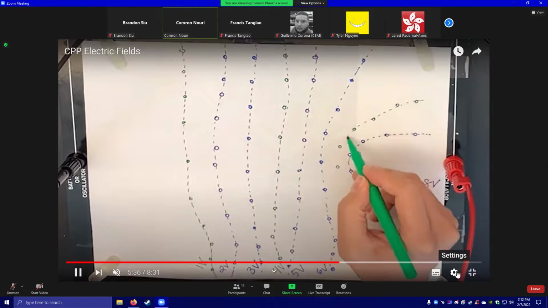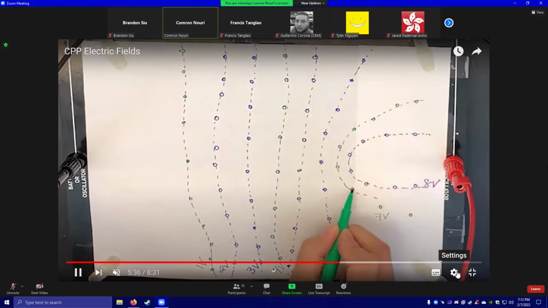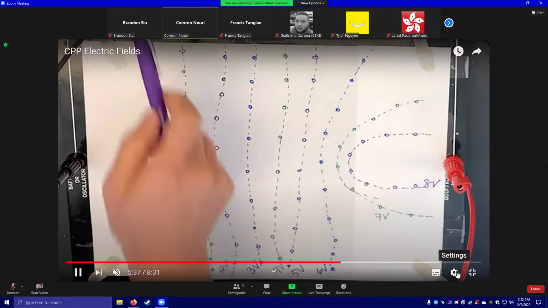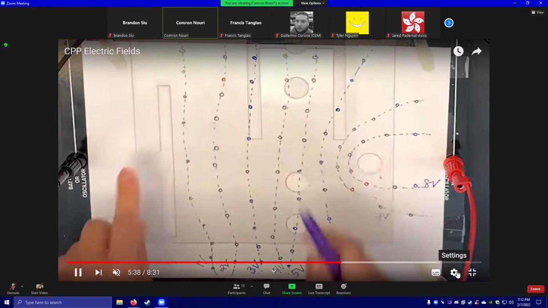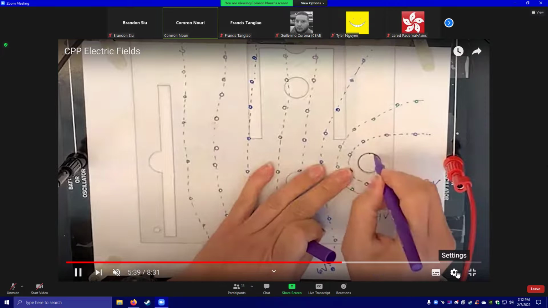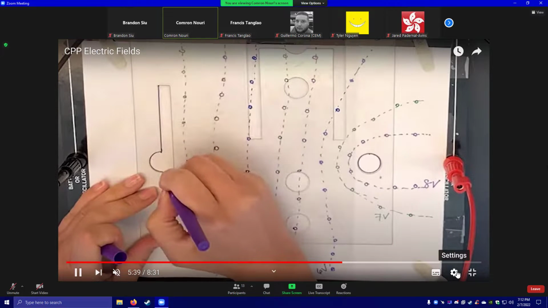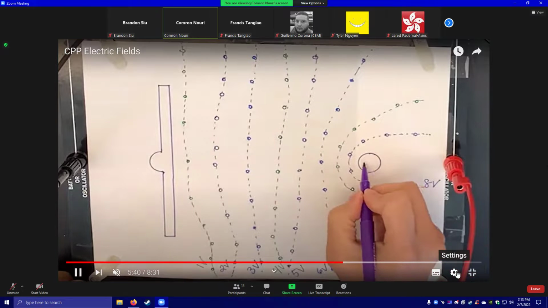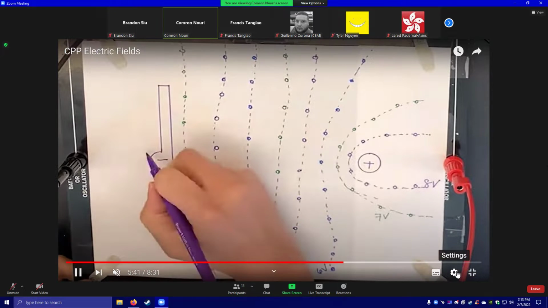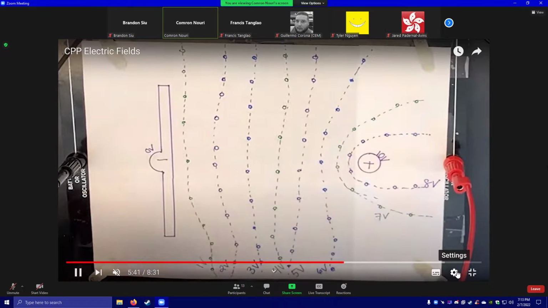This is 7 volts. All right. And the pattern for this is a dot and a line. And that creates this kind of pattern. All right, this is 0 volt and 10 volts.